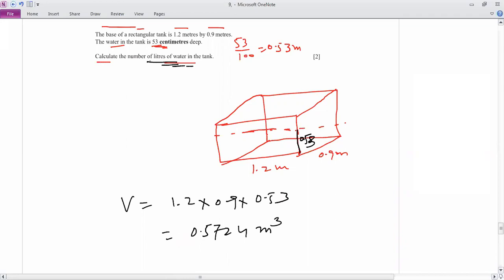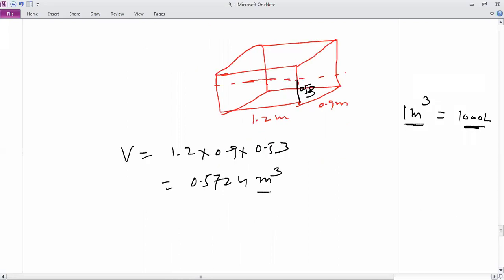We need it in liters. So remember, 1 cubic meter is equal to 1000 liters. So if we need to convert cubic meter into liters, multiply with 1000.